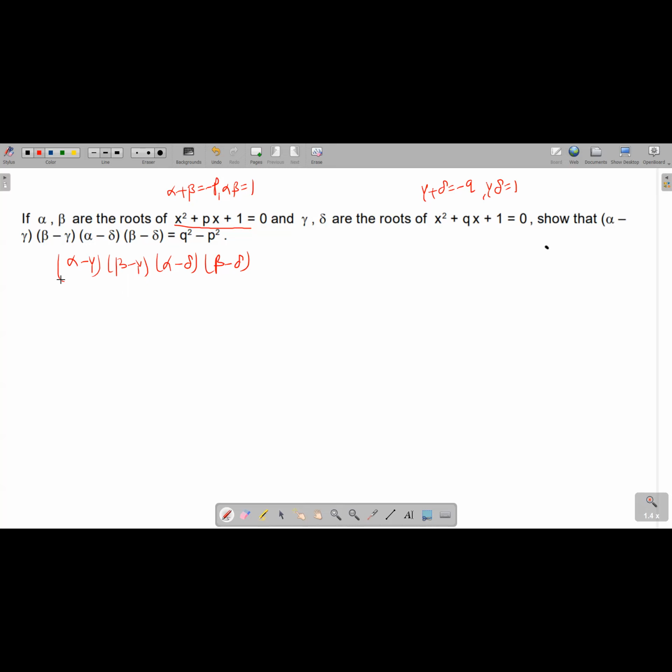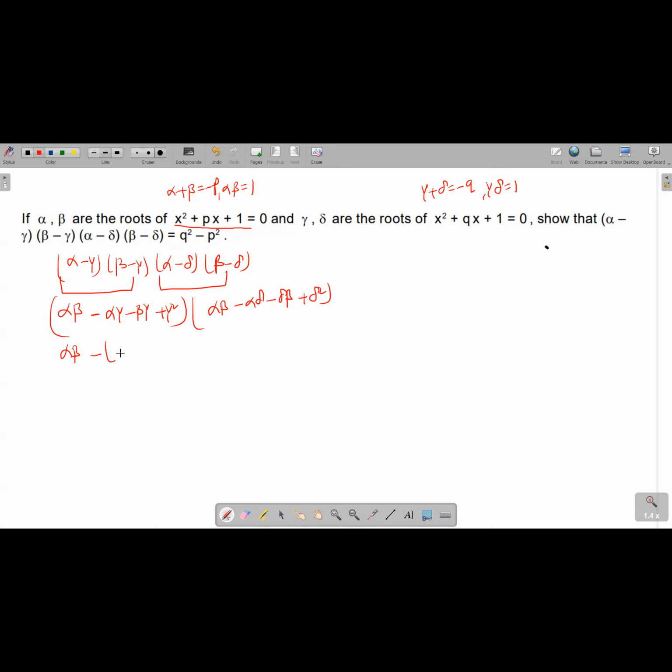Do one thing. Take these two terms together. Take these two terms together. Multiply it. Multiply it. You will get alpha beta minus alpha gamma minus beta gamma plus gamma square. And here you will get alpha beta minus alpha delta minus delta beta plus delta square.